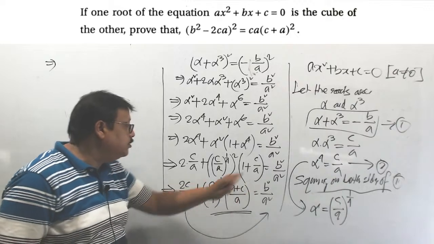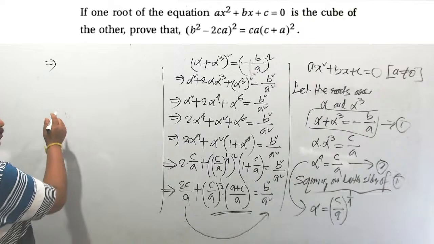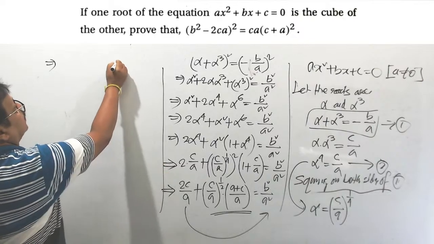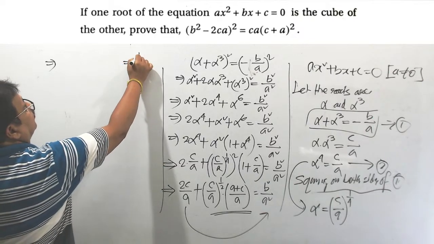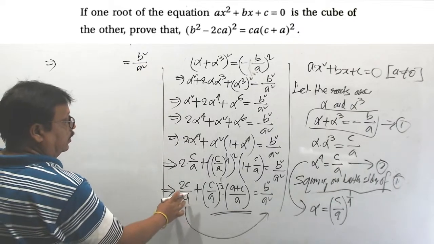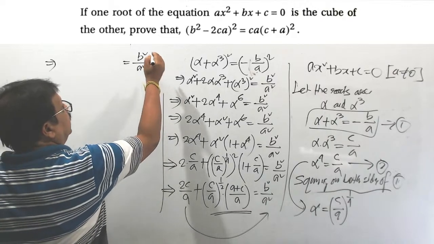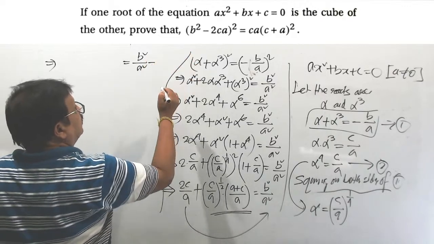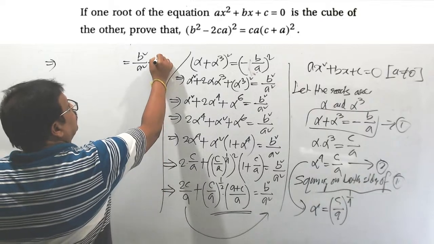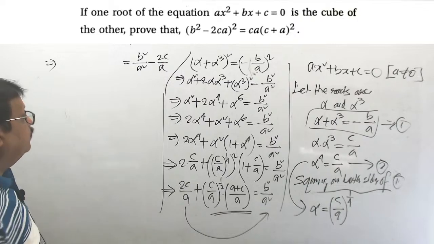So send it first to the right, that is b square by a square is already on the right side, b square by a square, minus 2c by a.